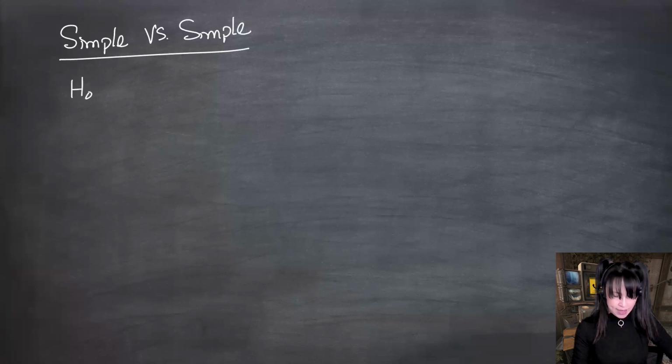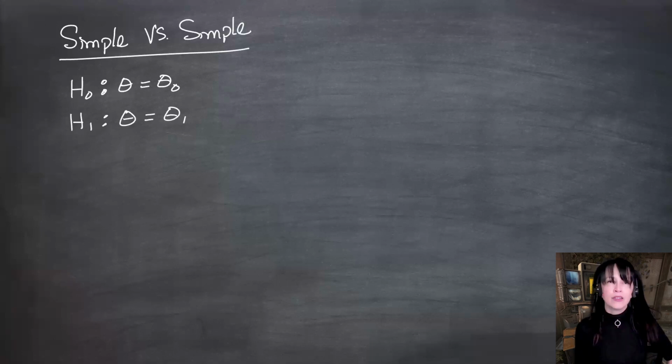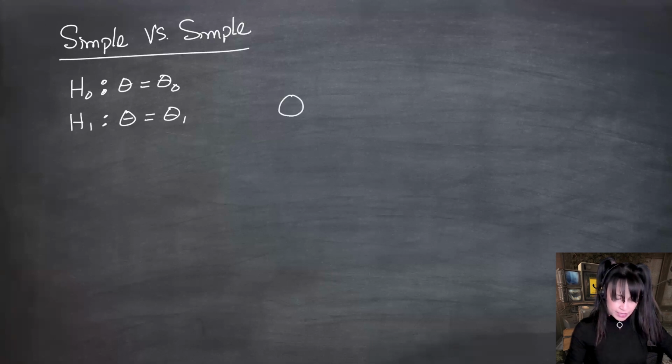So suppose we have a null hypothesis that theta equals theta naught versus an alternative hypothesis, or alternate hypothesis, that theta is some theta 1. Just like before when we did hypothesis testing, if these are your hypotheses, then you have to assume these are all the possibilities. So the parameter space, even if it's not true, you're sort of considering it right now to just consist of 2 points.